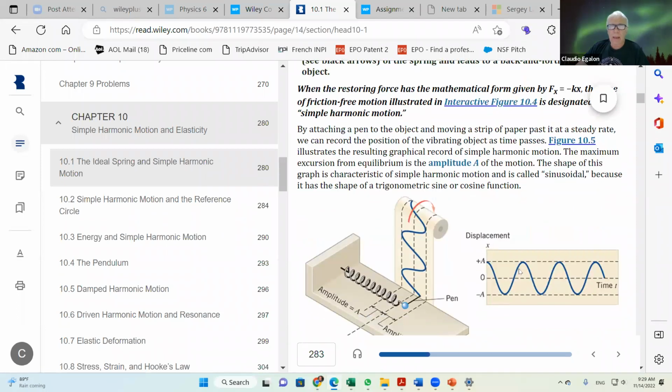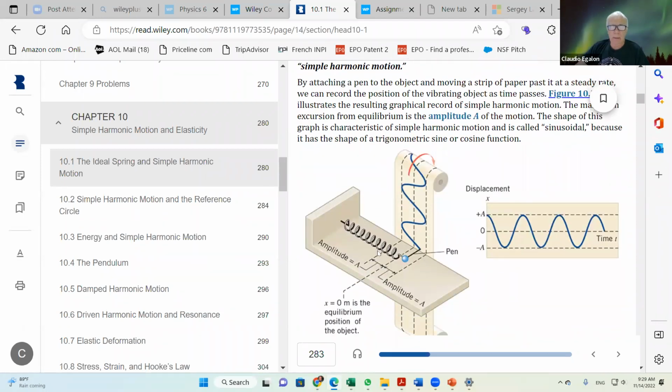Okay, and if we put this object to oscillate back and forth, we are going to have simple harmonic motion. We attach this object to a pen, and we have this paper here moving with a given velocity. It's going to draw this sinusoidal function on the paper.